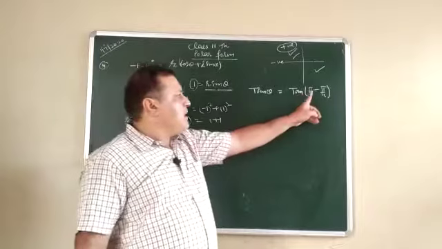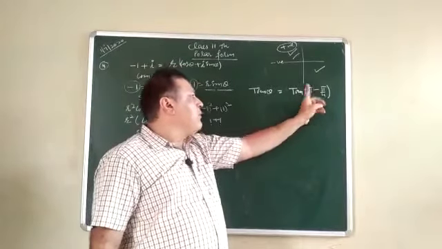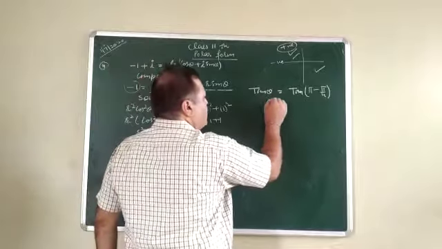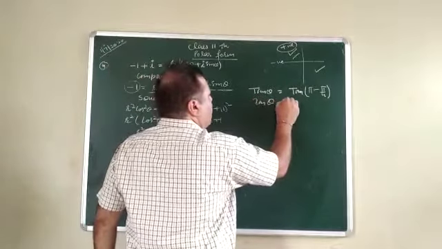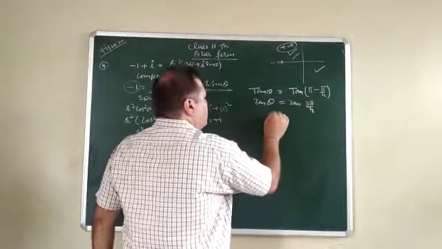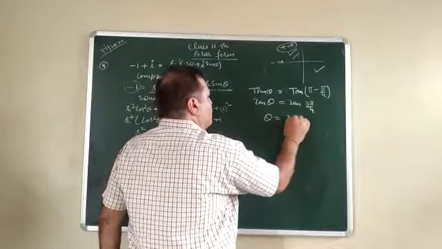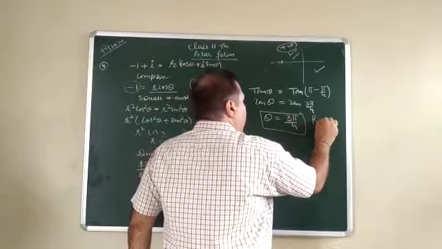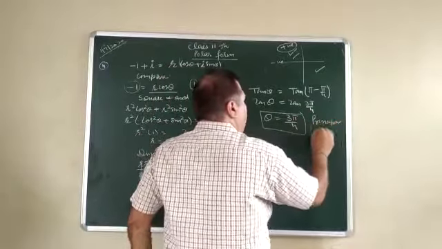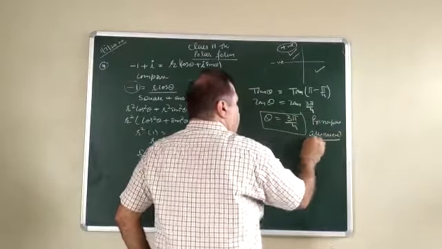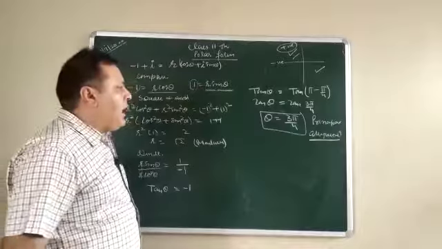Due to the second quadrant it is pi minus pi by 4, and tangent remains as it is. So from this we observe tangent of theta is equal to tangent of 3 pi by 4. So theta is equal to 3 pi by 4. This value is called the principal argument.